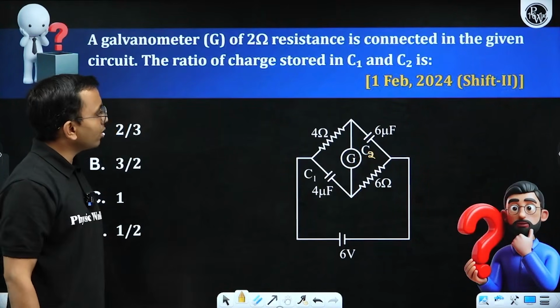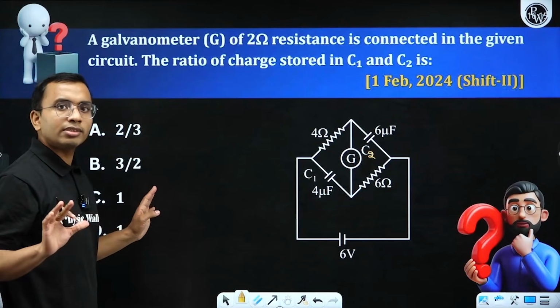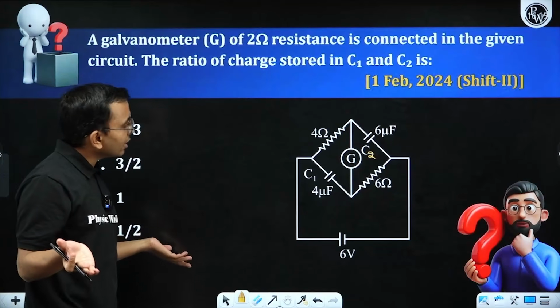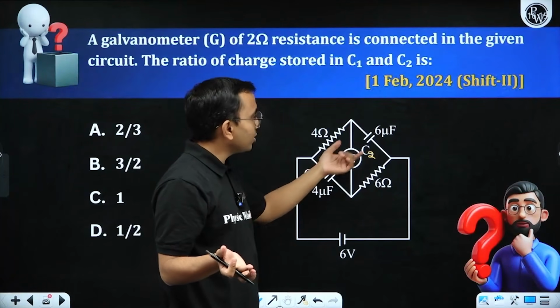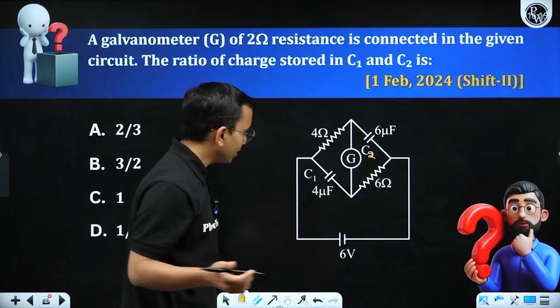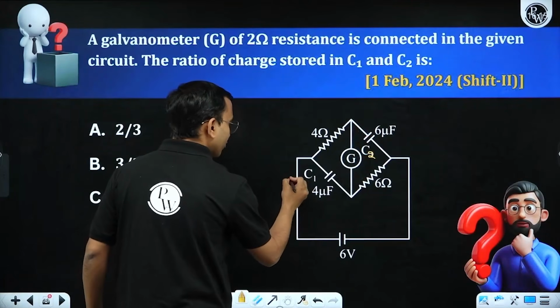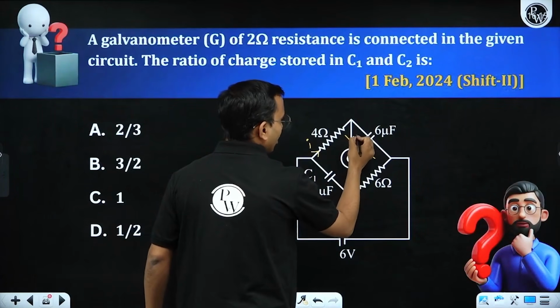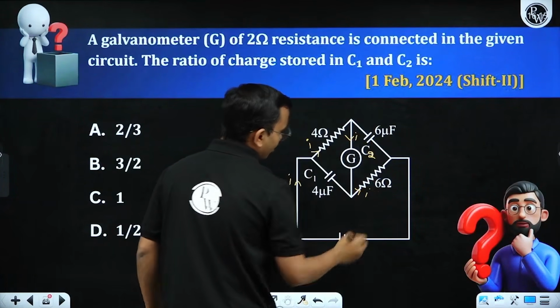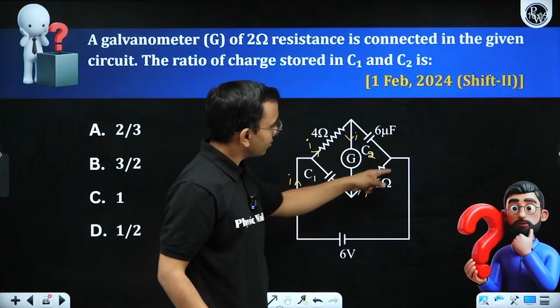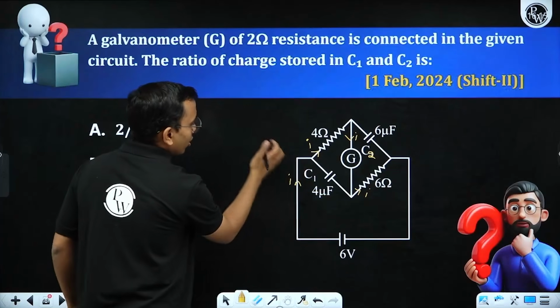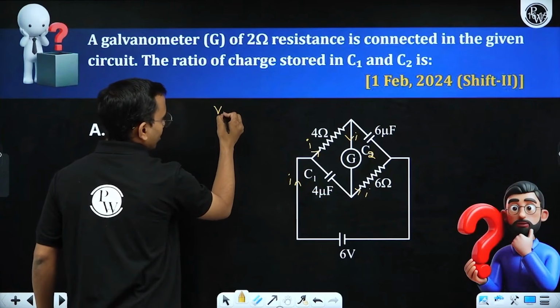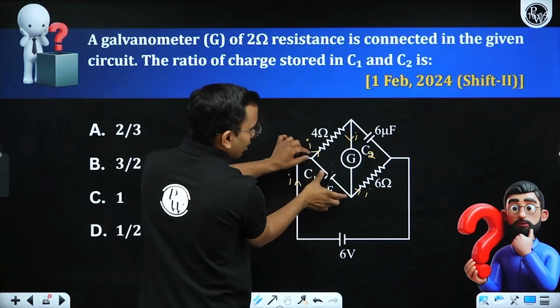Now here he is saying it means this circuit is at steady state. Circuit is at steady state means the capacitor behaves like an open circuit. How will the current move? It will move like this, I from here, then through the galvanometer, then from here. What is the potential across capacitor C1?